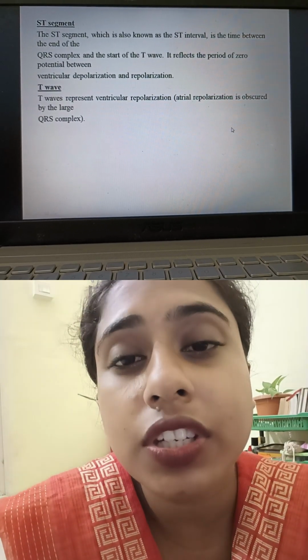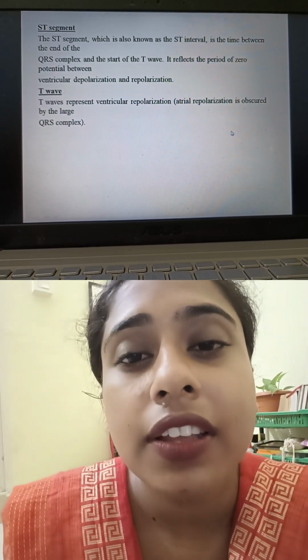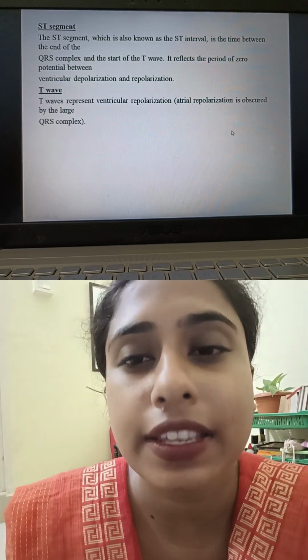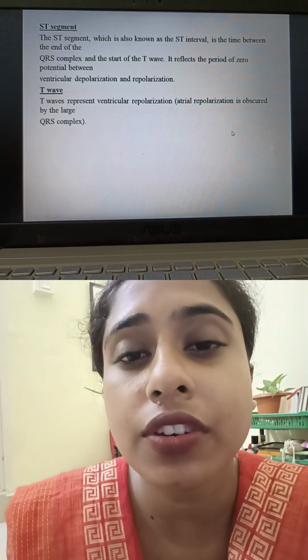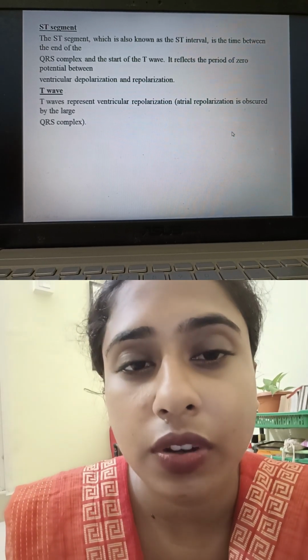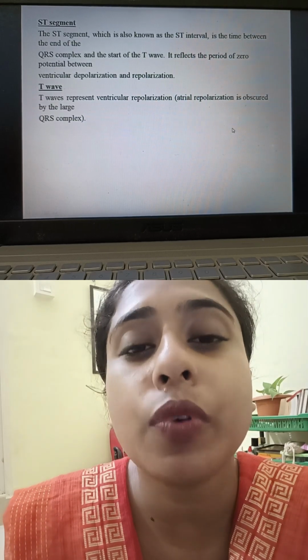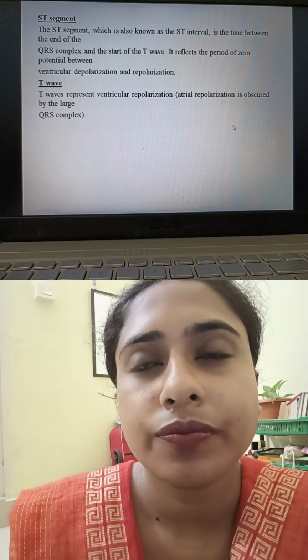The T wave represents ventricular repolarization.